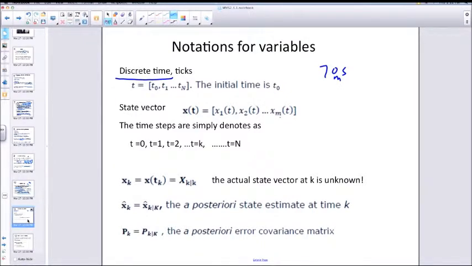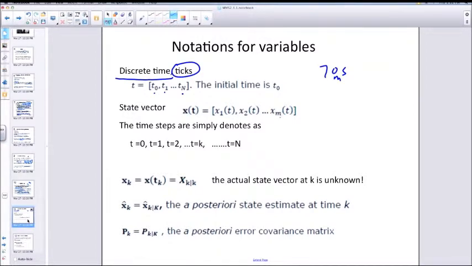So usually you get a couple of 100 milliseconds as 1 tick. So the time, you call it T0, the start point, T1, the first calculation, all the way to Tn, you terminate your calculation.